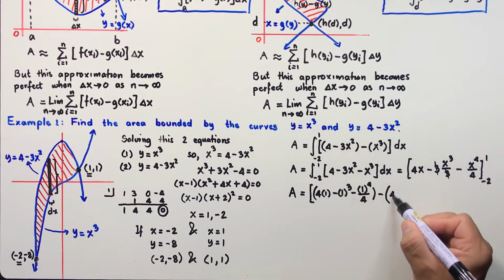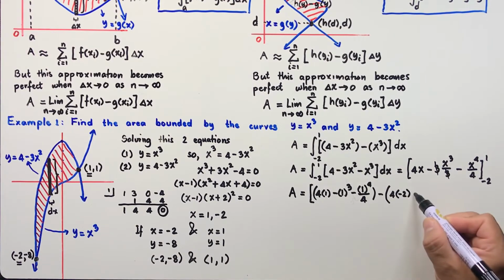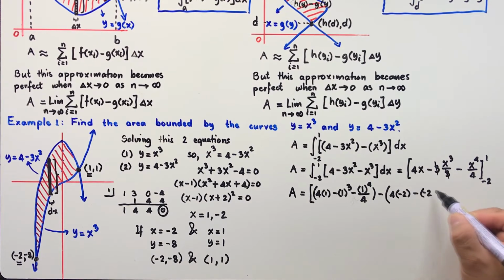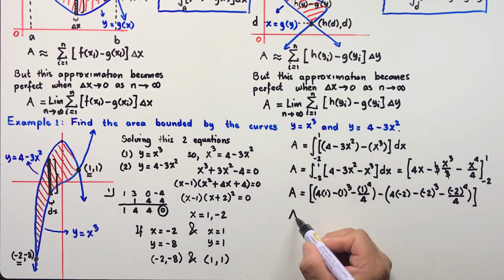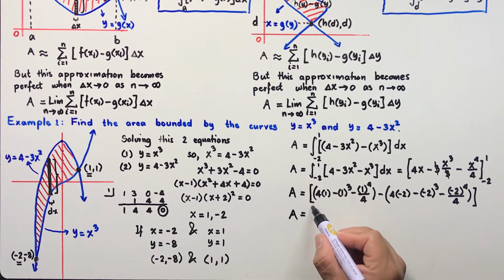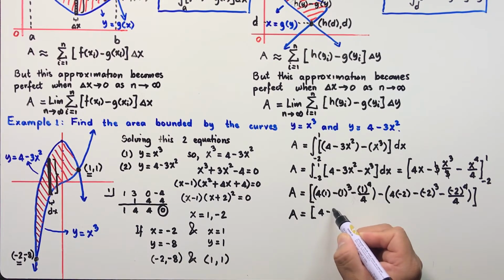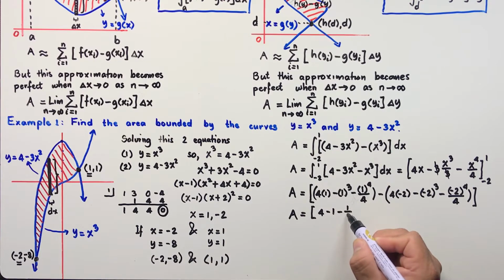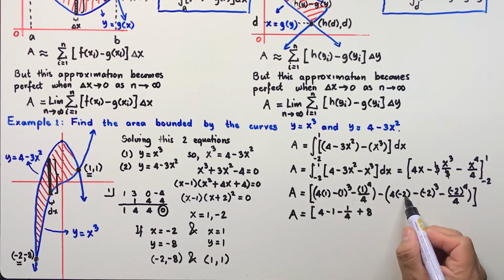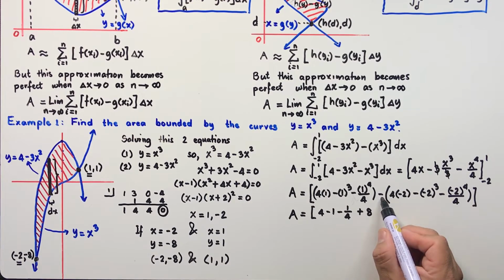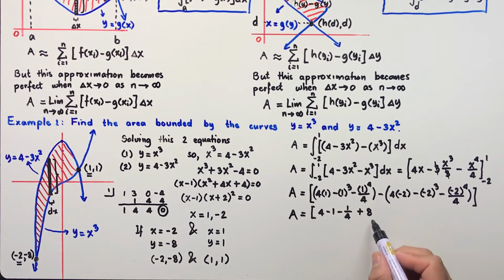So we have 4 times the -2 minus (-2) to the power 3 minus (-2) to the power of 4 over 4 here. So we have the area, which is equal to 4 minus 1 minus 1/4 plus 8, because this is -8, and because we have this negative here, therefore the result is positive.